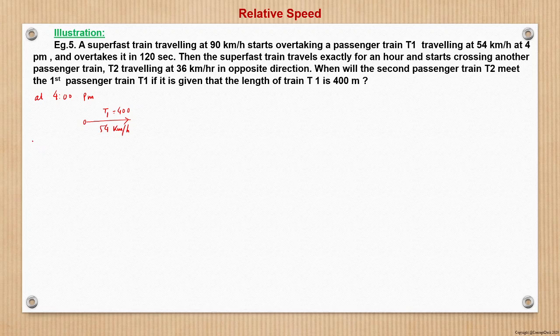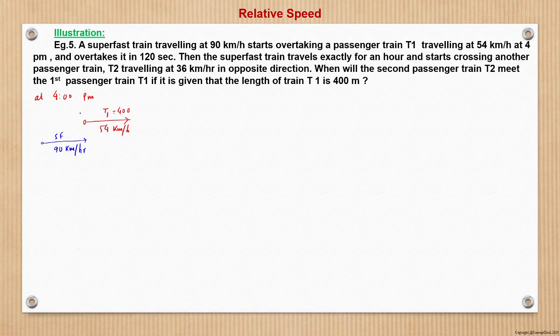And there is a superfast train, which at 4 p.m. starts overtaking this train T1. This is the superfast train, right? And the speed of the superfast train is given as 90 kilometer per hour.